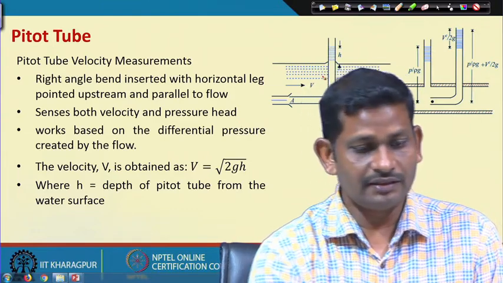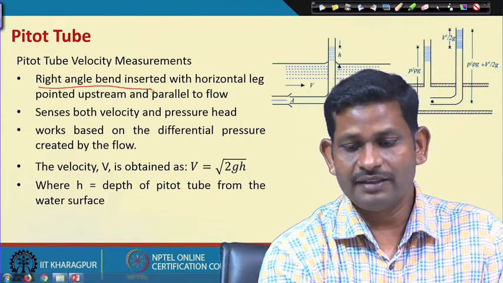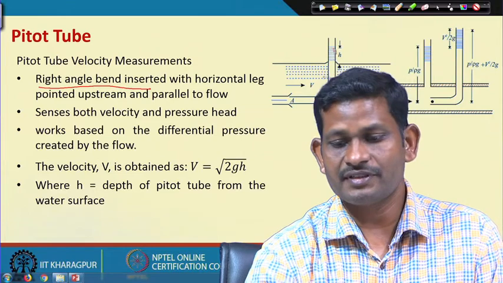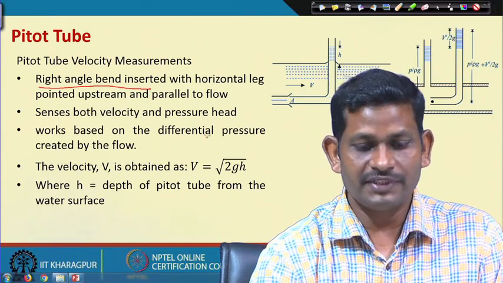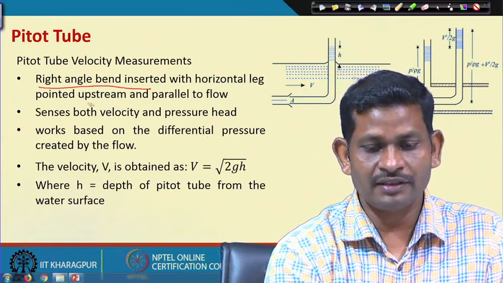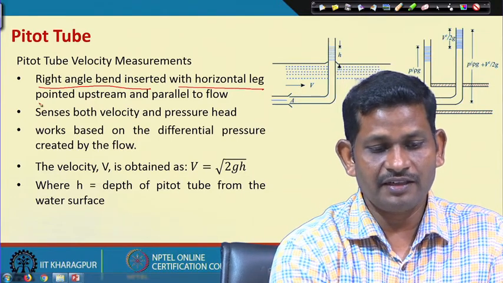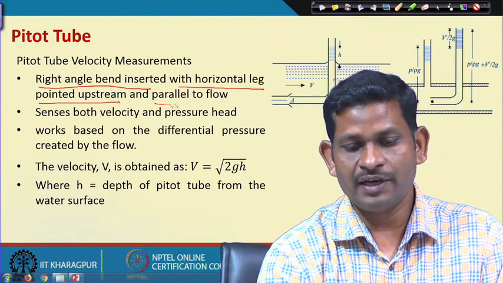So, that is the difference. It should be a right angle bend which is installed in a pipe vertically down, with the horizontal leg pointed upstream and parallel to the flow.